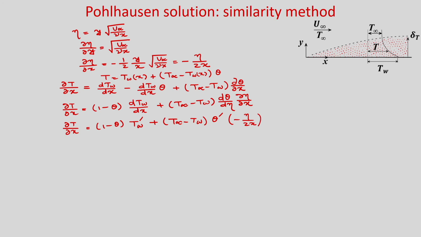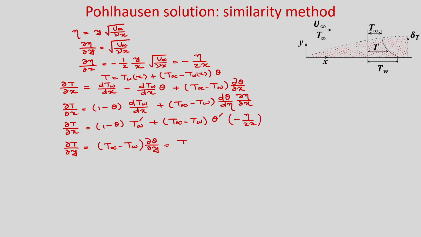Now, similarly you find the derivative of T with respect to y. So, del T by del y you can write, now you see T_w is a function of x. So, its derivative with respect to y will be 0. So, you will get (T_infinity minus T_w), here T_w is a function of x, that I am not writing, and del theta by del y.